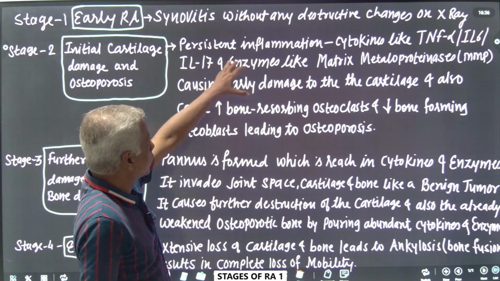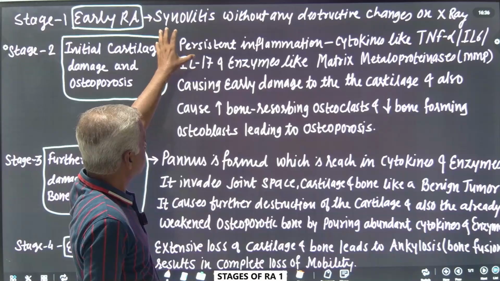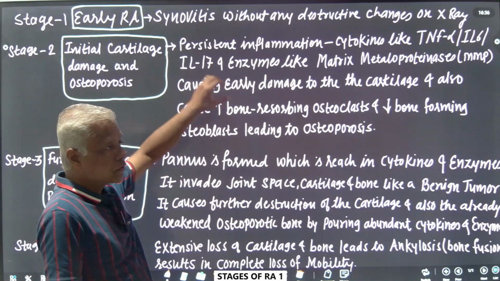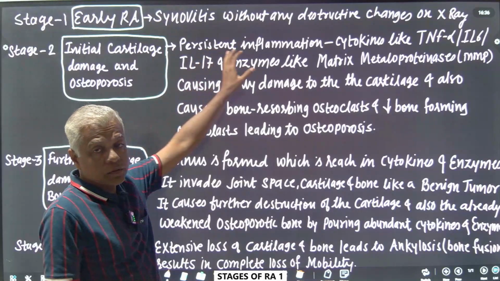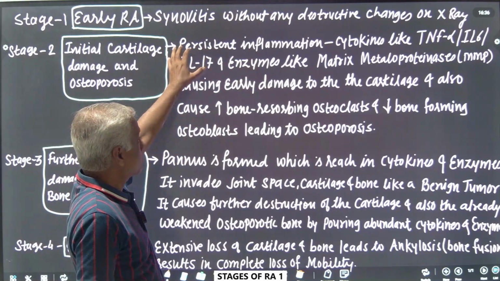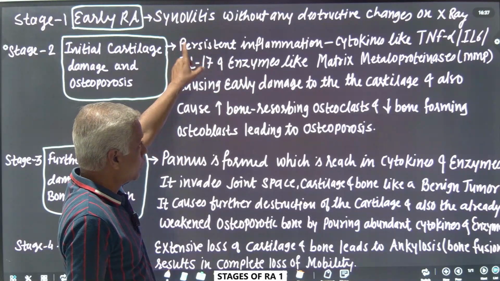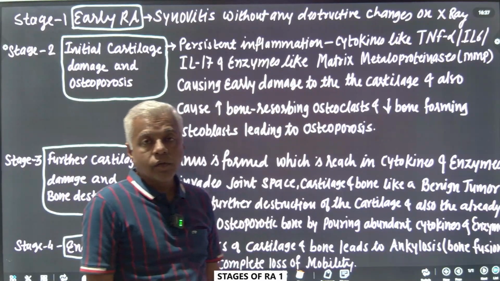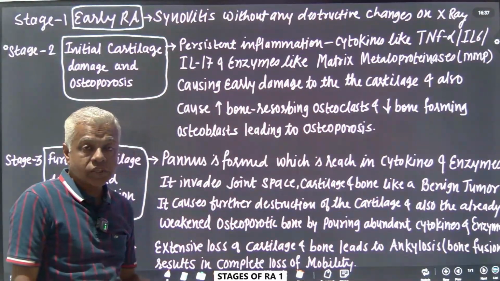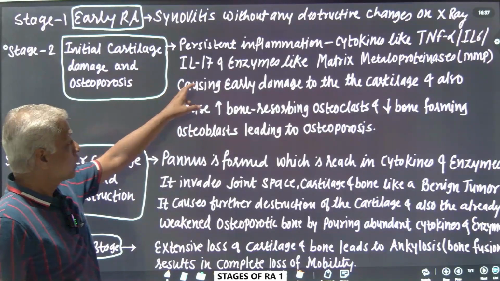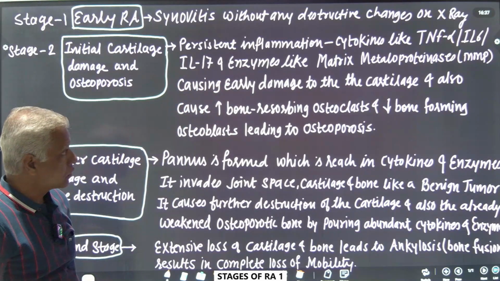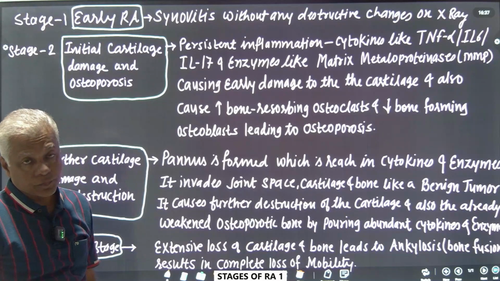Persistent inflammation. So this synovial membrane is already inflamed because of the immune reaction, and this inflammation is a persistent one. Persistent inflammation of this synovial membrane is causing cytokines like TNF alpha, interleukin 6 and interleukin 17, and also enzymes like the matrix metalloproteinases.